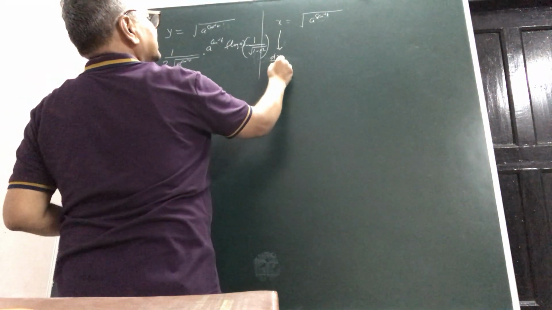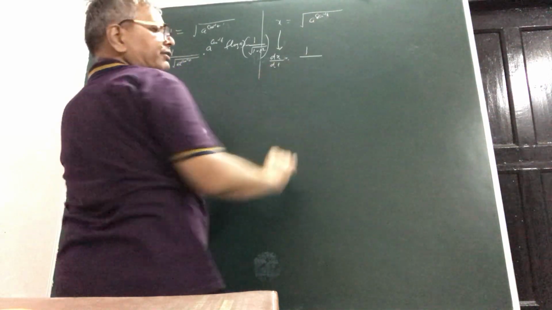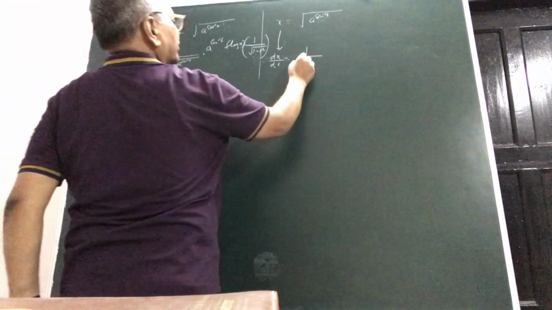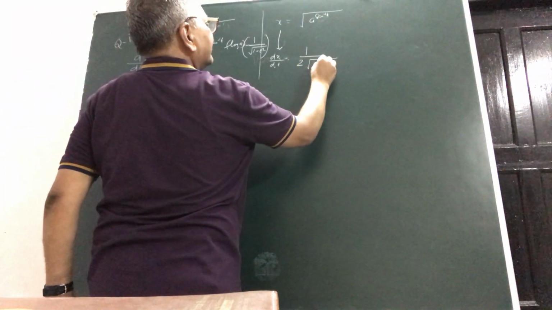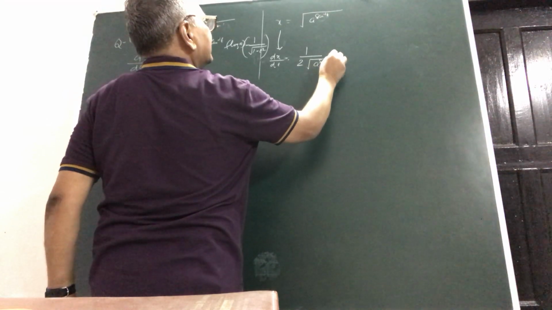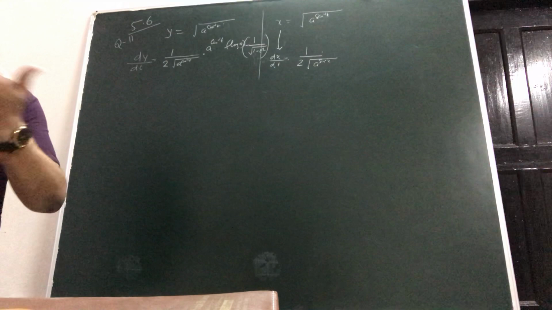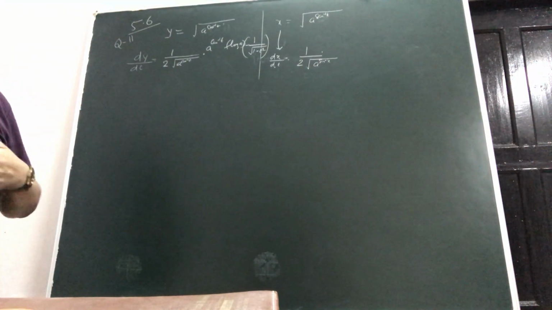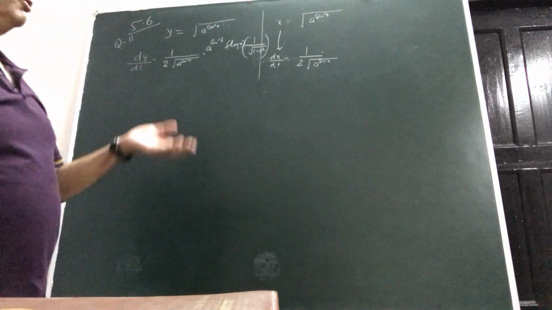Dx by dt. Please see, it will be again under this a raised to power sin inverse t you will put equal to p. So root p is what? 1 upon 2 root p. So root p is what? Precisely a raised to power sin inverse t. Then derivative of a raised to power sin inverse t. Here you will put sin inverse t is equal to q. So a raised to power q, its derivative will be what?